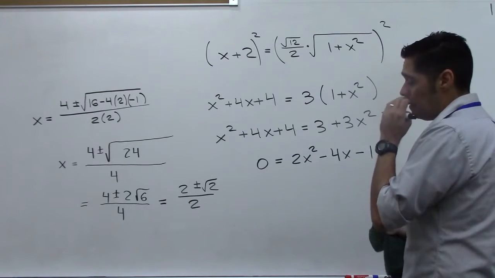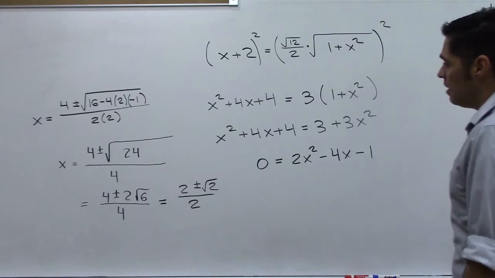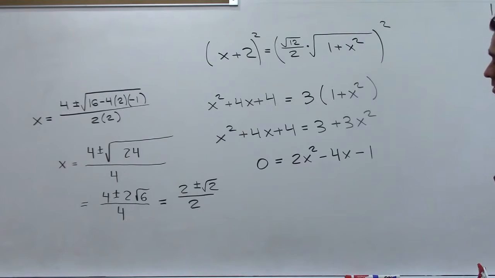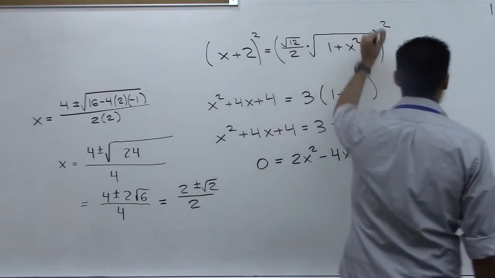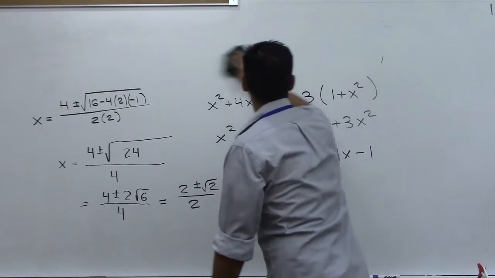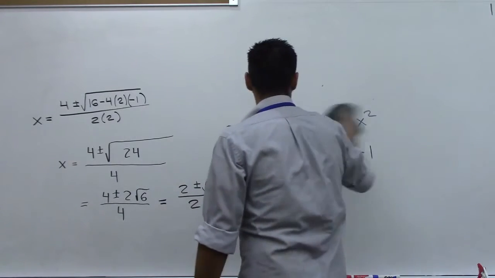Now I need to check these. The reason I need to check them is because it could be possible that I have an extraneous solution because I squared, and anytime you square an equation, you could potentially introduce a solution that doesn't work.